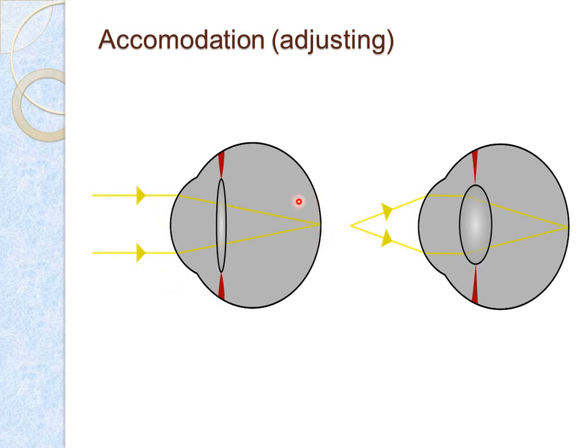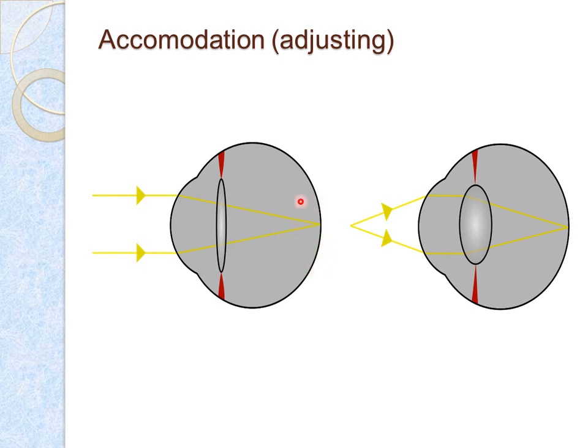If you have any problem in your eye or lenses, or any difficulty in observing an object, that is different. But in a normal eye, an object at a distance of 6 meters away will have a perfect focus on the retina.